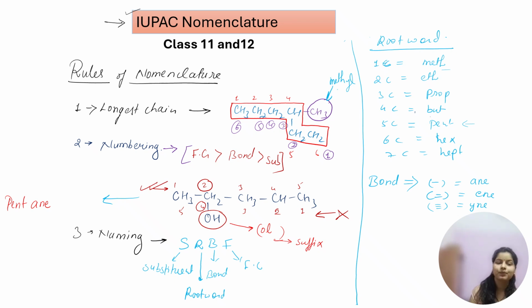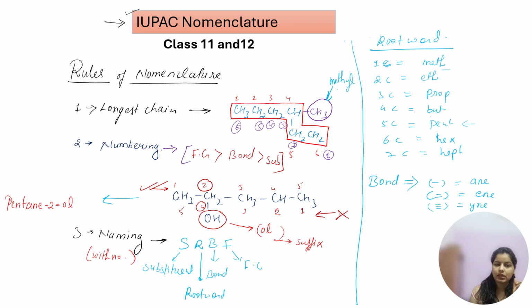And yes, one more thing. All these things should be written with their numbers. So pent and pentane. You don't have any other bond form. So it's just pentane. Now the OH is at the second carbon, so you will add 2 before ol.